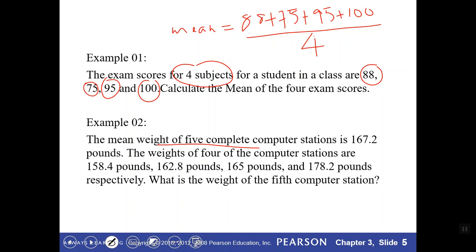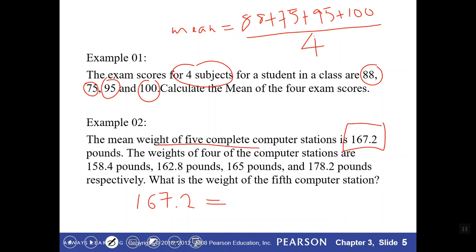So the mean of 5 complete computer stations is this much. They have given that value. So the mean now is 167.2. This equals the summation of the weights of these computers.